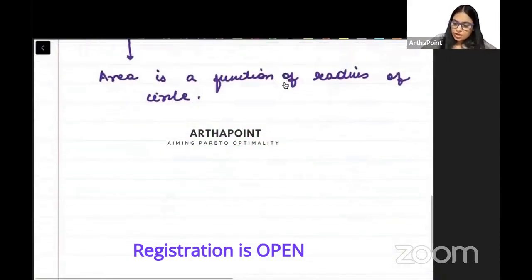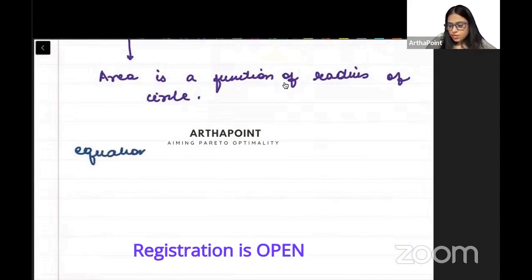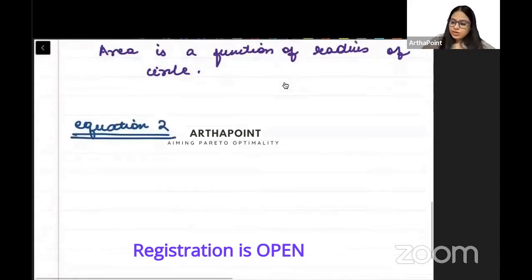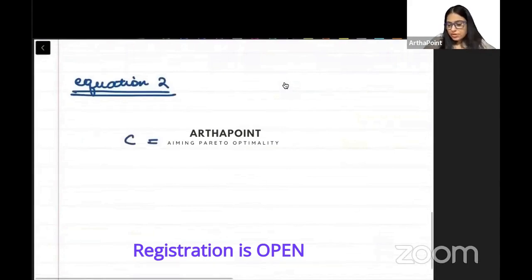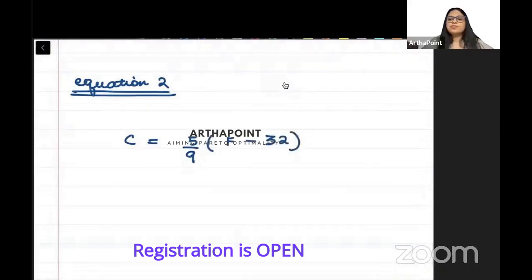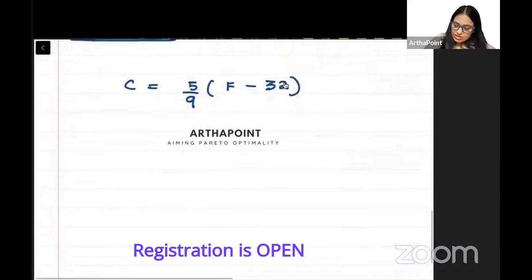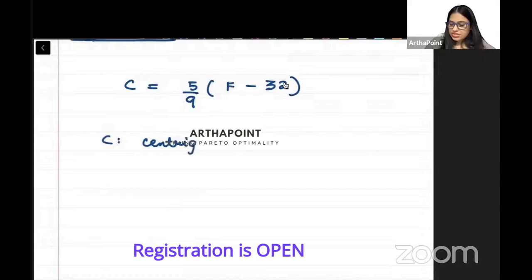ठीक है. Equation number 2 बेटा. तो यहां पे हम बोल रहे हैं that centigrade is equal to 5/9 (Fahrenheit minus 32). ठीक है. C क्या है? टेम्परेचर इन सेंटीग्रेड या सेल्सियस.